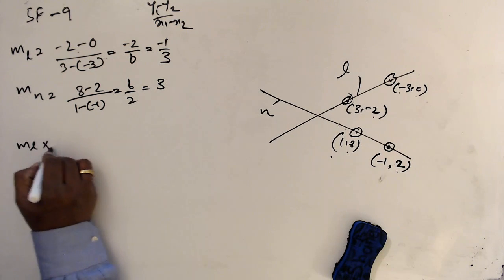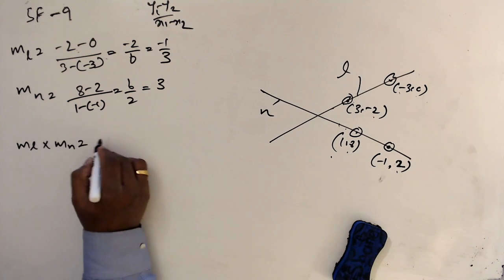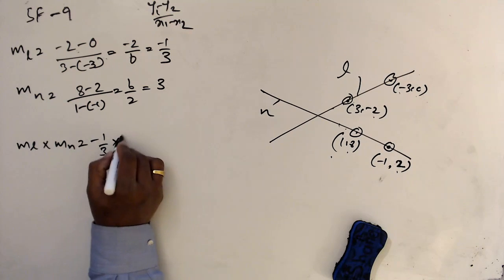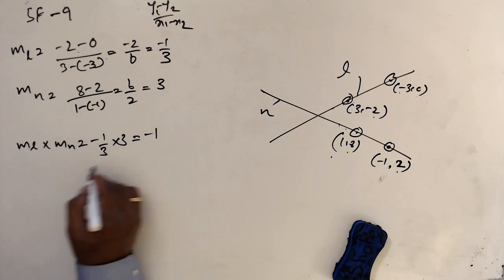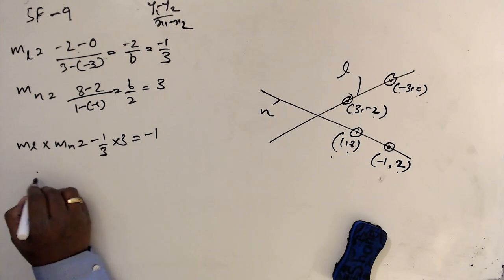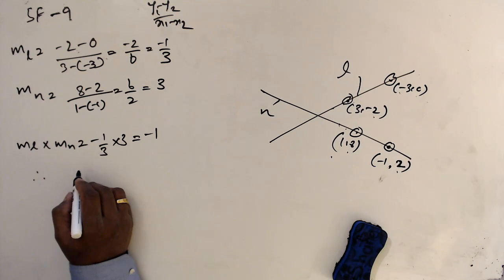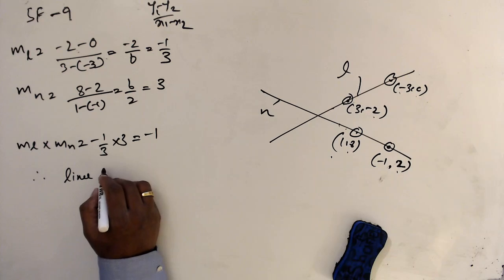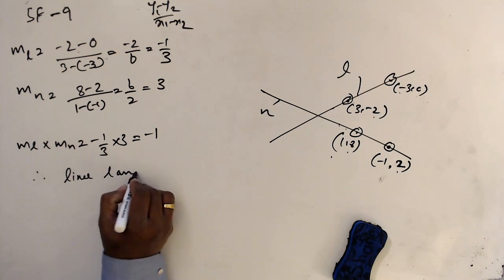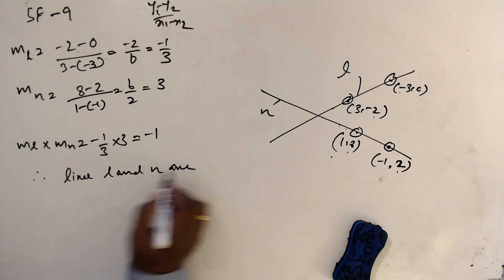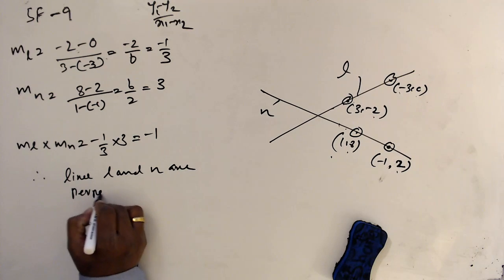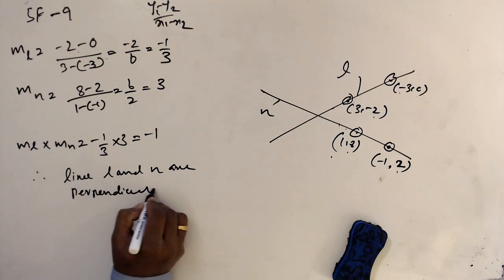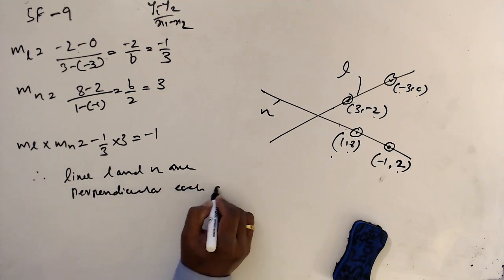Now mL times mN equals minus 1 over 3 times 3, which equals minus 1. Hence, lines L and N are perpendicular to each other.